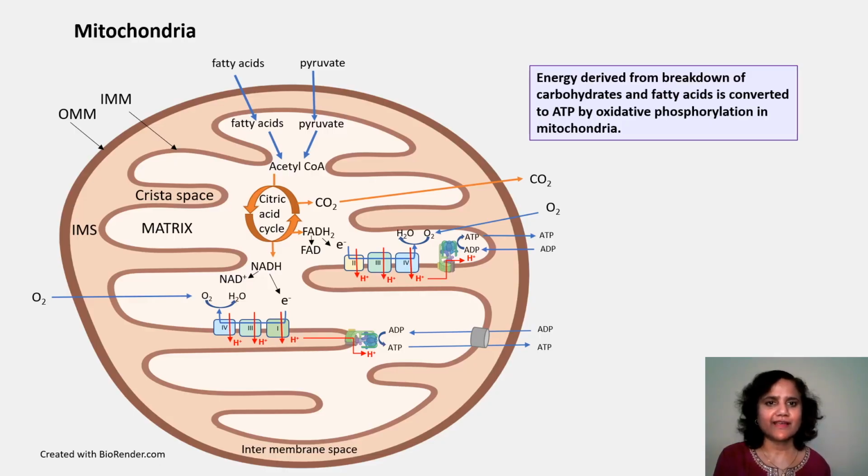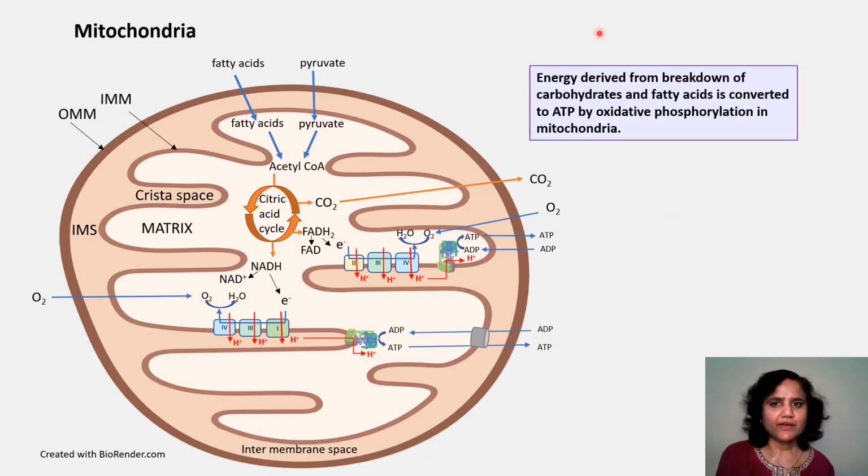Electrons from NADH and FADH2 are transferred to molecular oxygen coupled to the formation of ATP molecules by oxidative phosphorylation. This process occurs via the passage of electrons through a series of electron carrier molecules in the mitochondrial inner membrane comprising the electron transport chain.